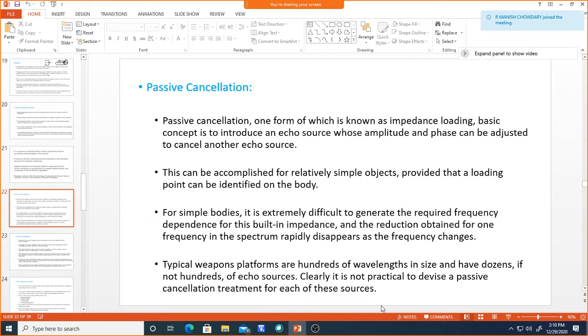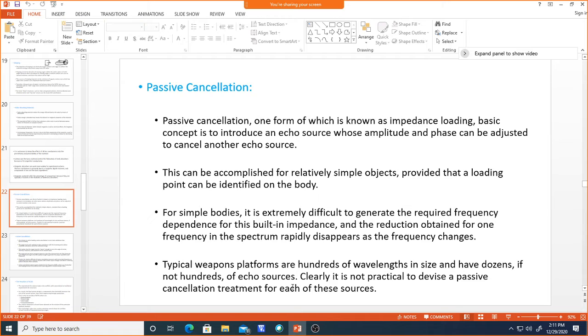For example, if you have an aircraft, the propulsion system will have a different echo variation, and the engine, the backside, the wings or side wings, or the notch in the front, will each produce echo sources, so the reflection will be different from different parts.